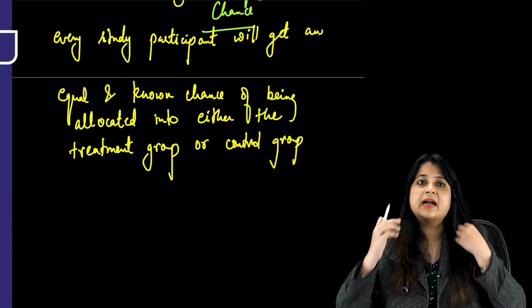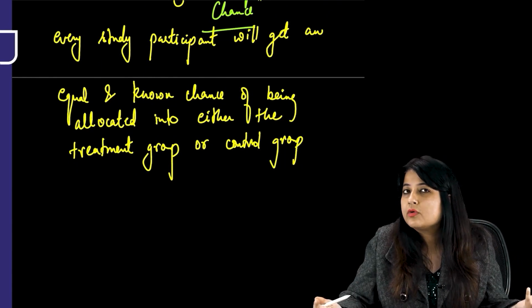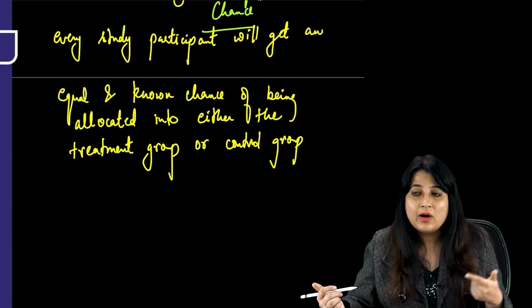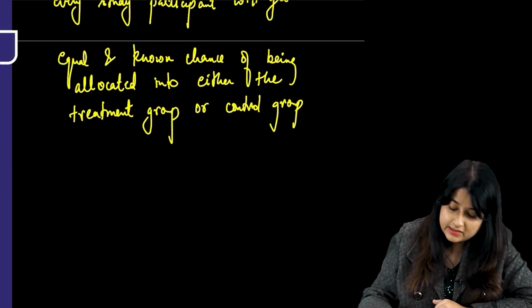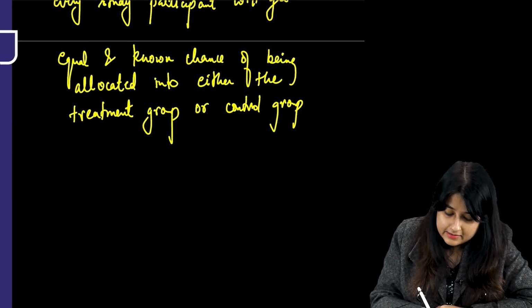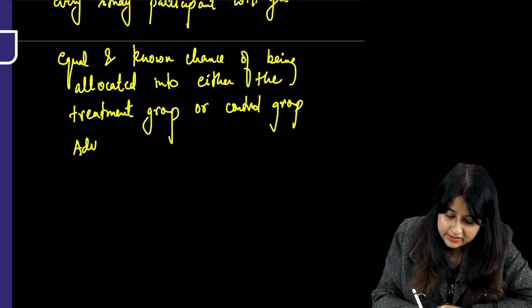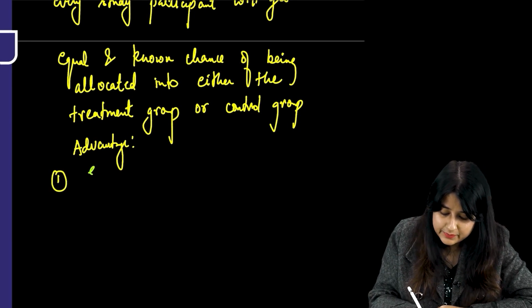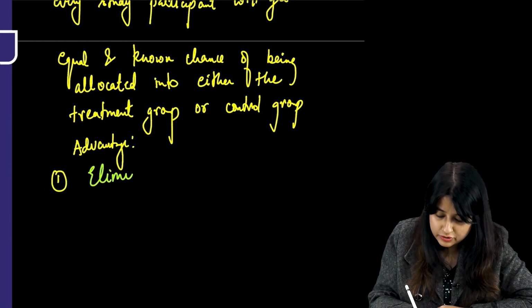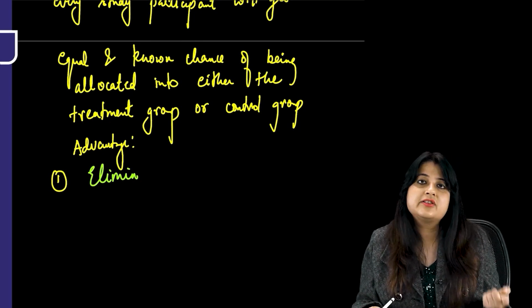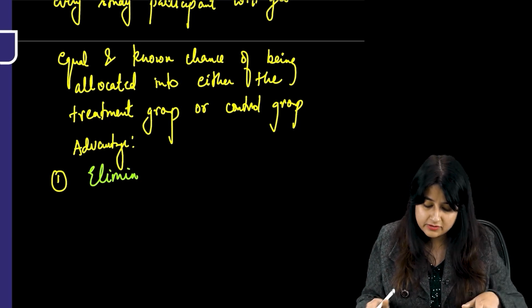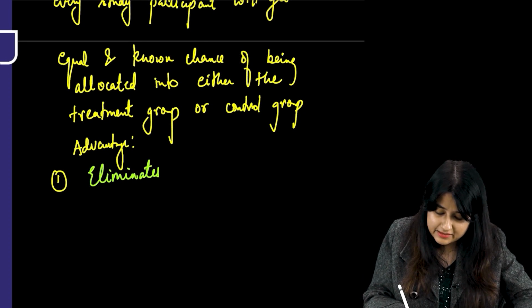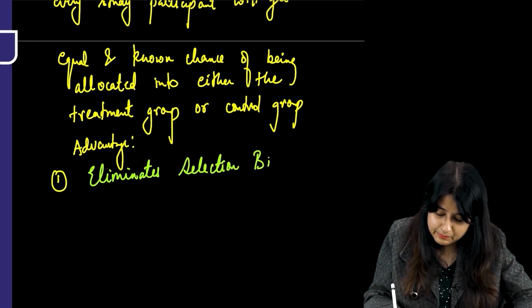So when every participant gets an equal and known chance, what is going to be the advantage? Why did I do randomization here? Number one, very important: since every participant gets an equal and known chance of being allocated into either the treatment group or control group, it eliminates what is known as selection bias.